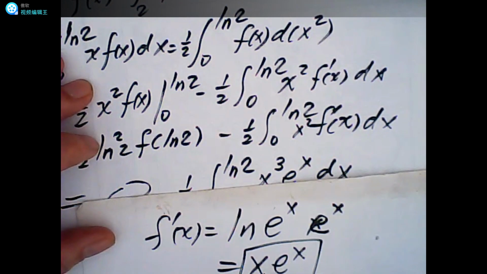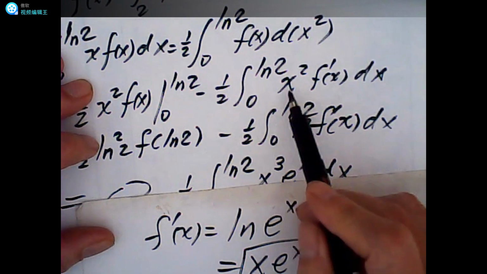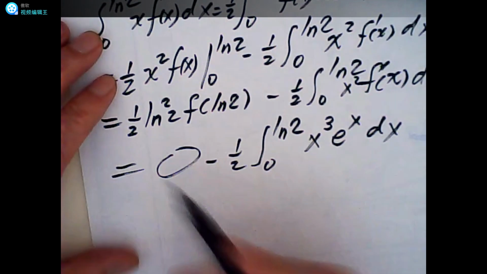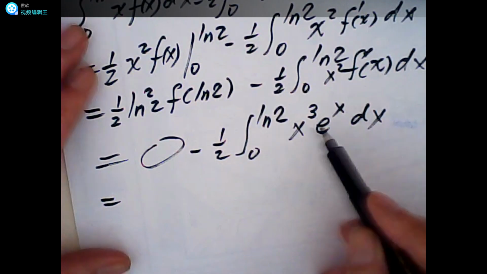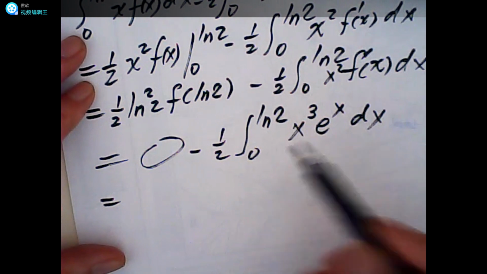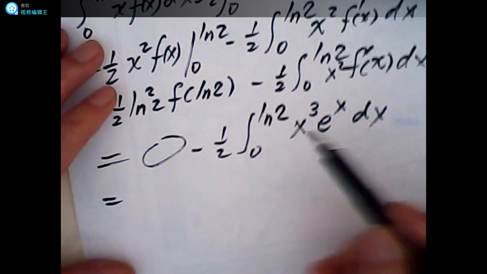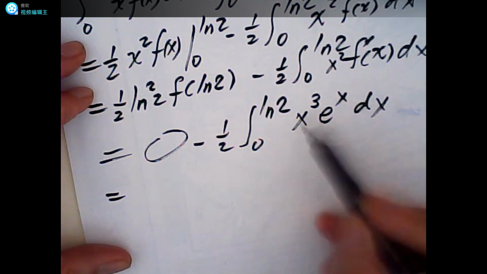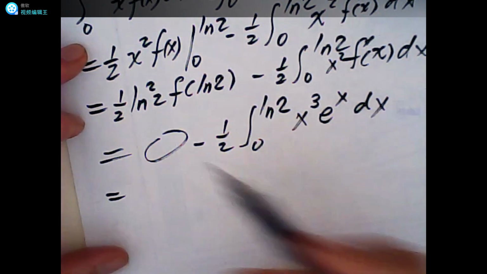Okay, because of this, x squared times this, it becomes x cubed. And obviously this could be done by parts. You must have done it when you learned the topic of by parts. This is just repeating several times.